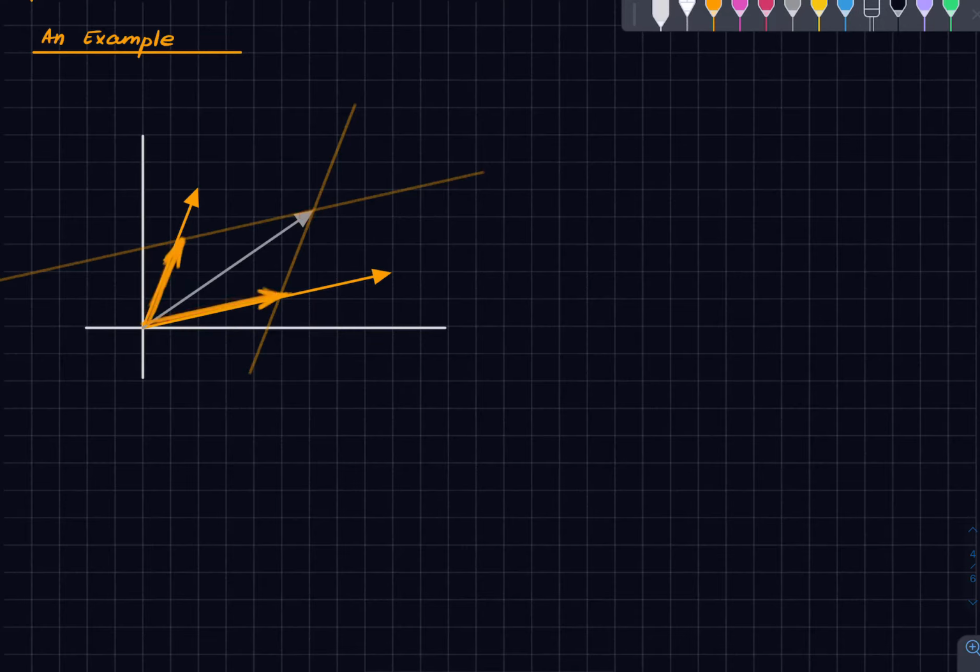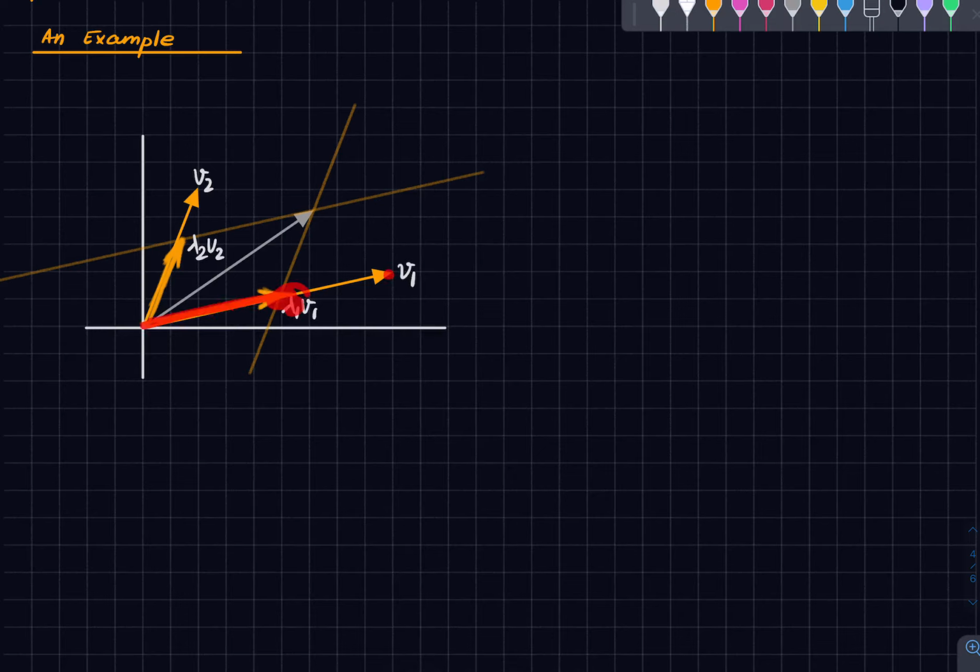Now, if this is v1 and that is v2, this is lambda 1 v1 for a suitable lambda 1, and this is lambda 2 v2 for a suitable lambda 2. Because this is just a scale of that, and this is the correct scalar which gives you this point. When you scale v1 by lambda 1, you get this point.